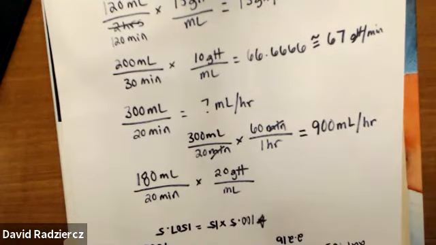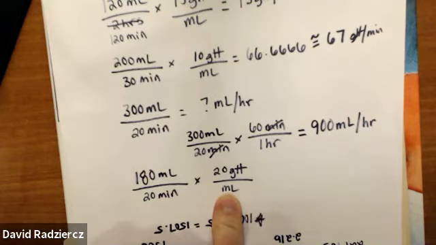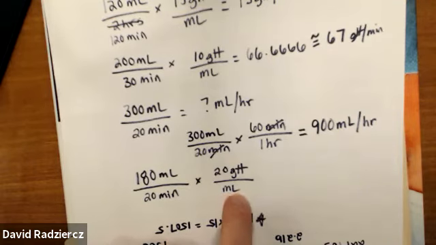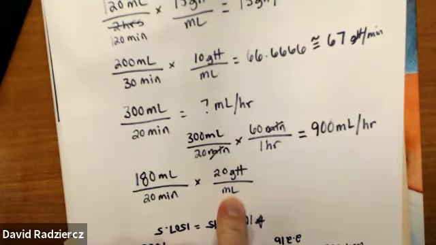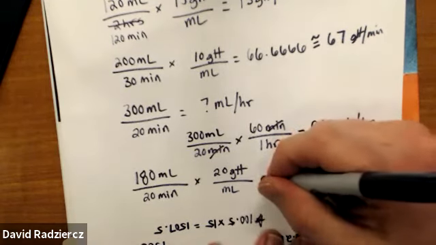I'm just making these up, so I'm not reading off anything, but these are common drop rate factors that I'm giving you. I've seen 5, 10, 15, 20, 25, 30, and I've seen 60. And I've also seen 100. So there are different drop rate factors, but the common ones you'll see on your tests are usually 5, 10, 15, 20.